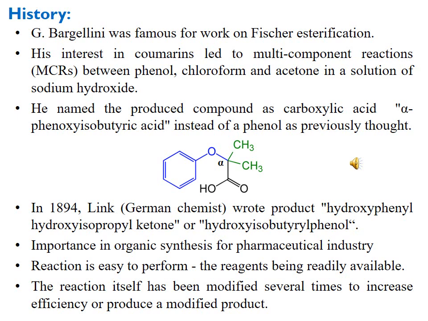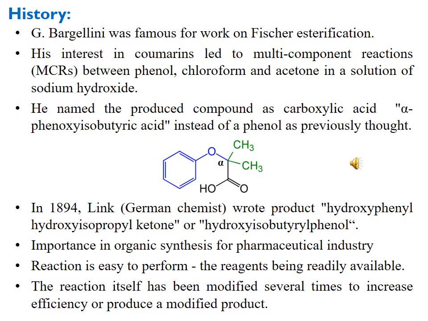Bargellini named this product alpha phenoxyisobutyric acid. Alpha phenoxy: you can see here in the structure the carboxylic acid functionality, and the next carbon attached to this functionality is named alpha.